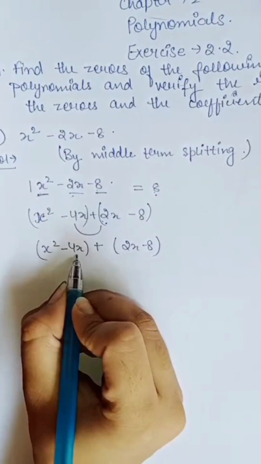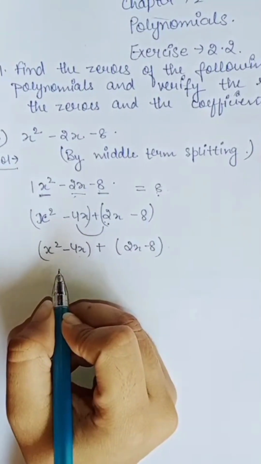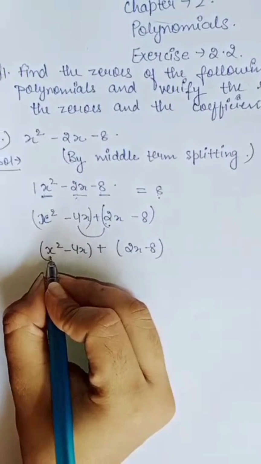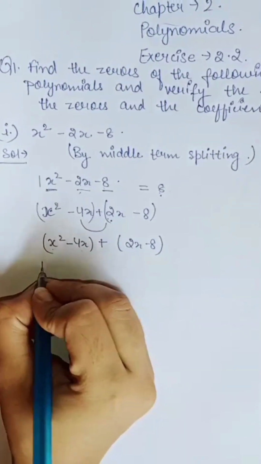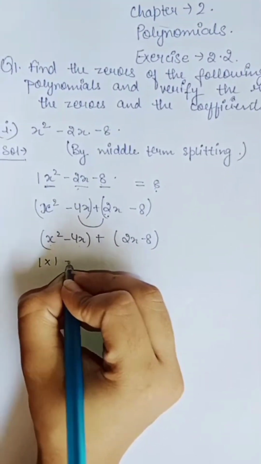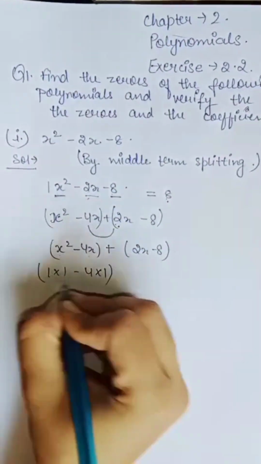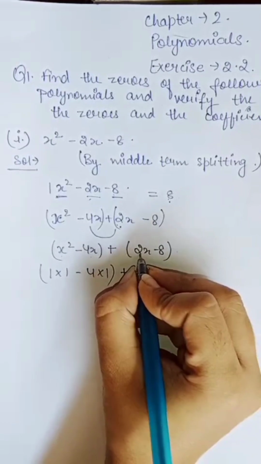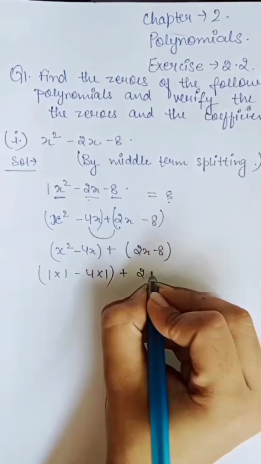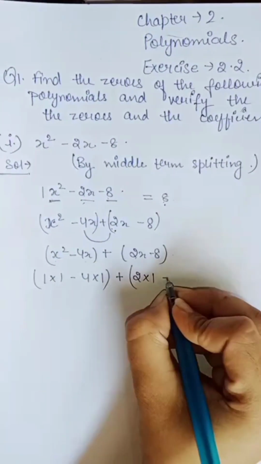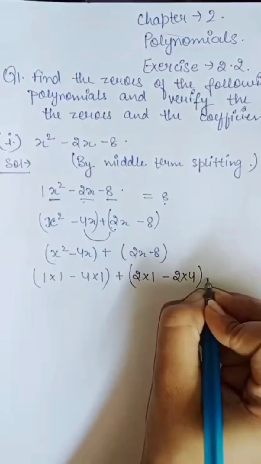Now we will have to solve these two brackets. How will we solve it? Here what you are observing is 1 into 1, and here 4 into 1. Now come to these: here 2 into 1, and here 2 into 4.